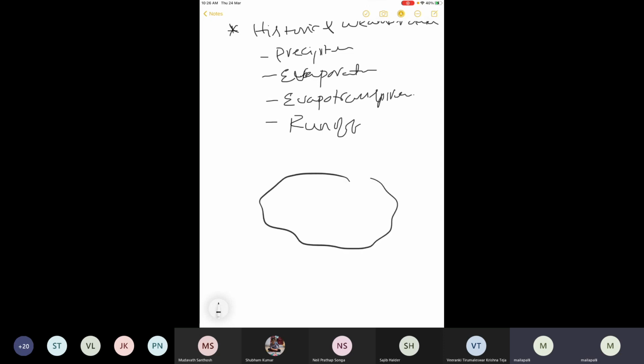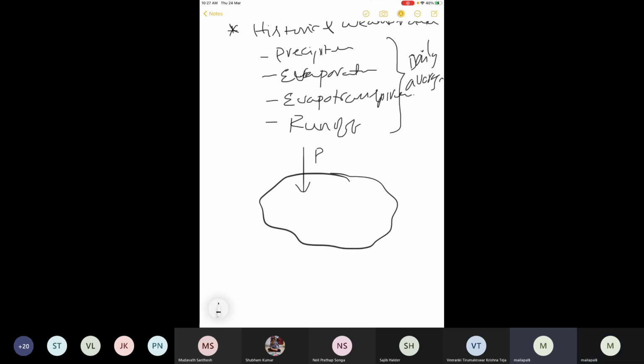Suppose this is the area you're expecting, and you know the precipitation. This should be daily, because we are calculating for daily, so you should have historical daily average values.